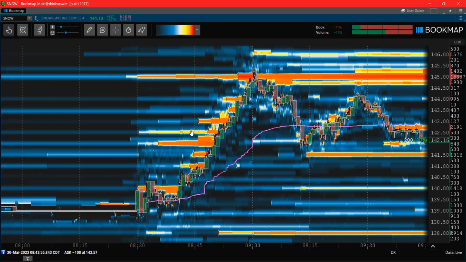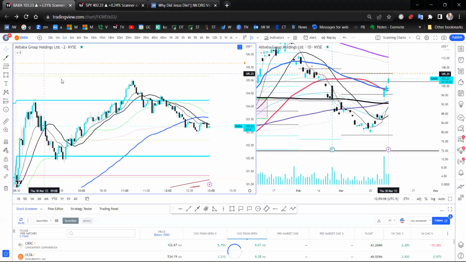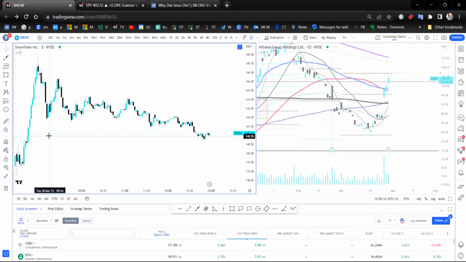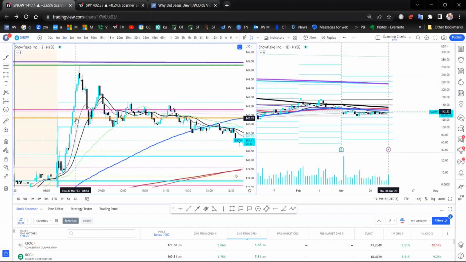On Snow, that wasn't the case, because on Snow, let me flip over here and we'll look at the chart. Let's see where the major algos were on Snow. Okay, so on Snow, you had major algos here at 142, 143, but then you had a beautiful algo gap up here to 145.